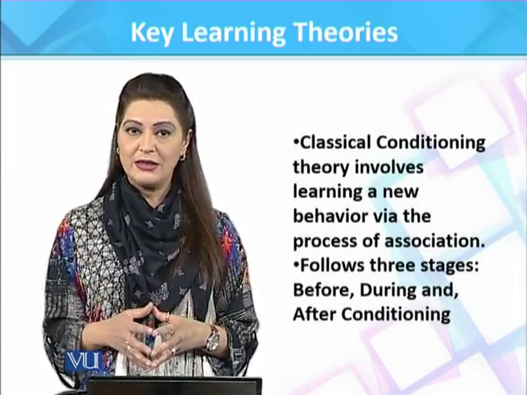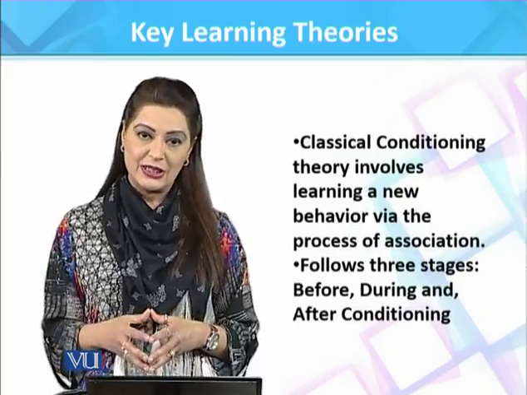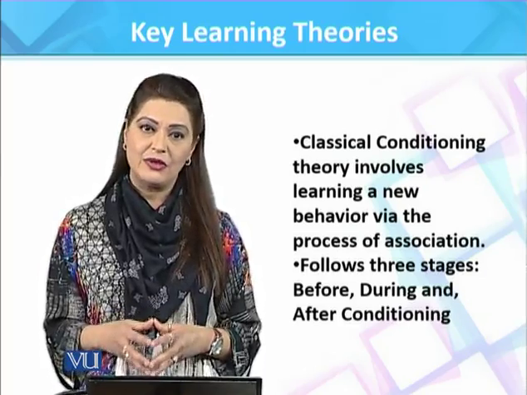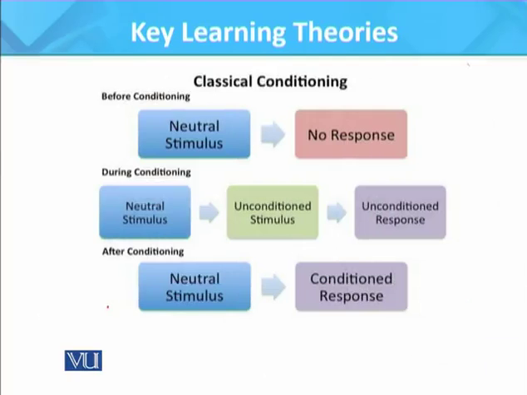Now this particular conditioning follows 3 stages: before, during, and after conditioning. Let's look at the image here and figure out what classical conditioning is. In before conditioning, you see neutral stimulus, which is neutral, that means it's not going to produce any response, so no response.